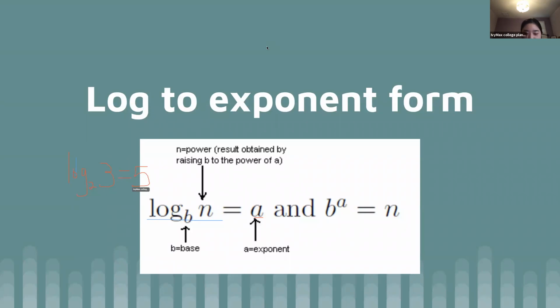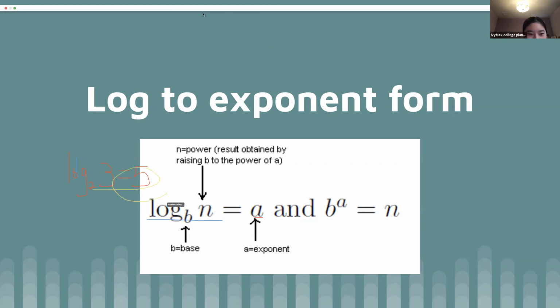And then you change it. I think what I learned is like this: you draw an E right here. And then it's supposed to be 2 to the 5 power equal to 3. So the E goes like 2, 5, 3, and then it's just like this.